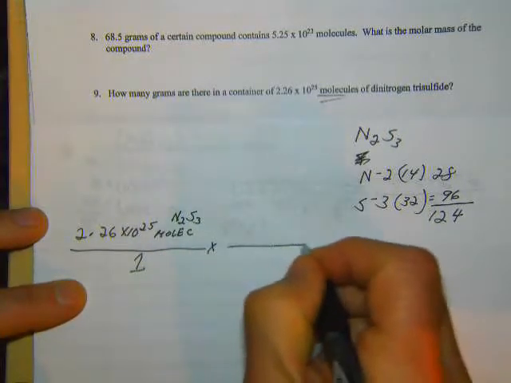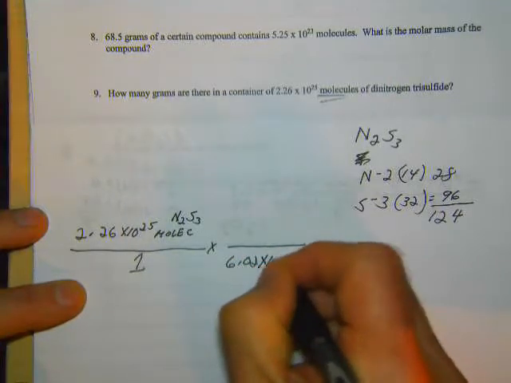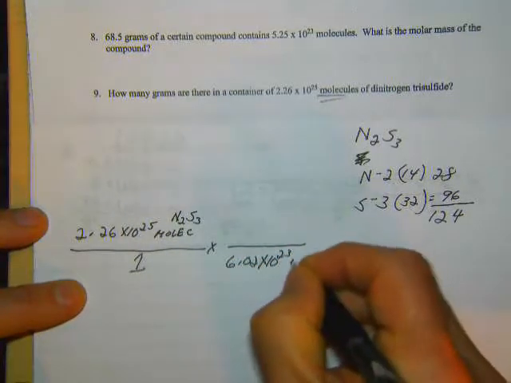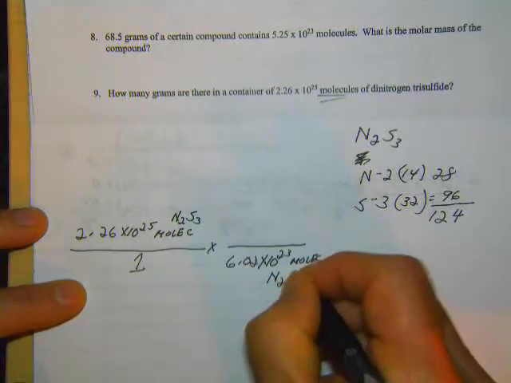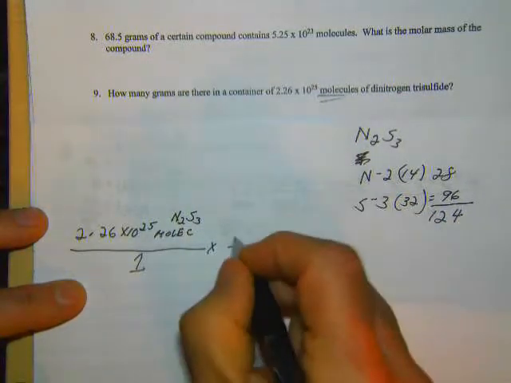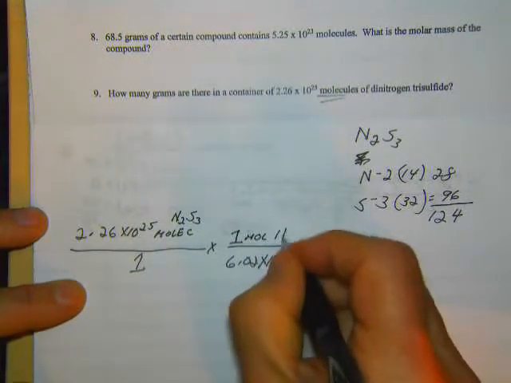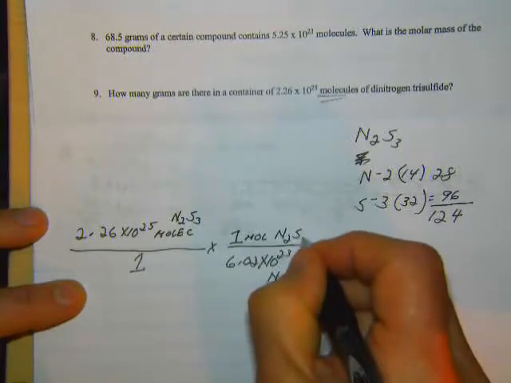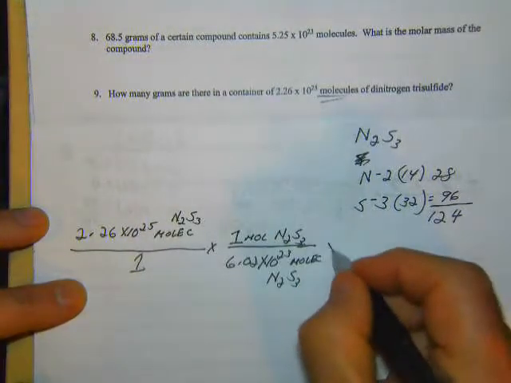And we know there are 6.02 times 10 to the 23rd, again, molecules of N2S3 in 1 mole of N2S3. And we still want grams, so we got one more step.